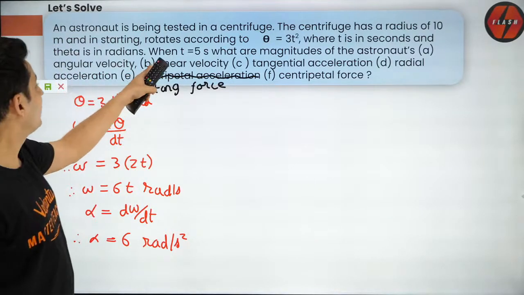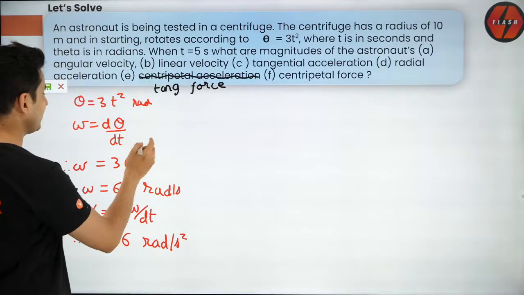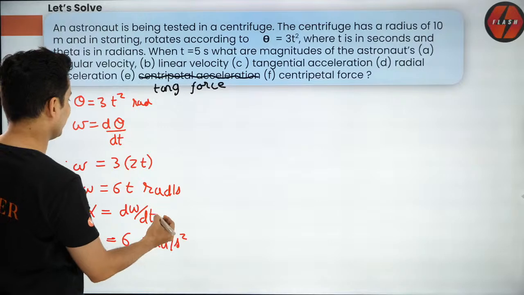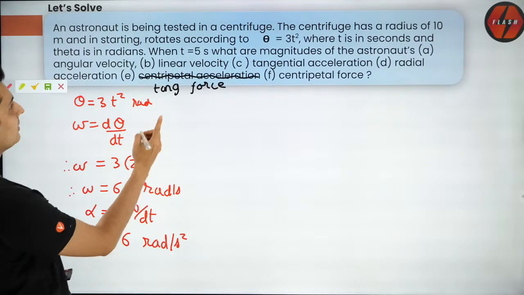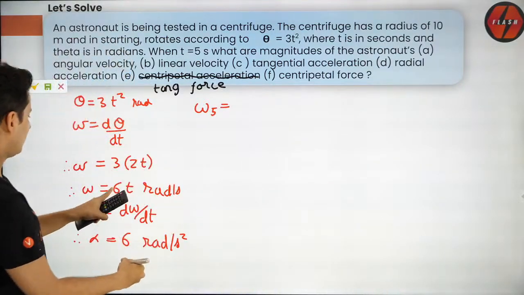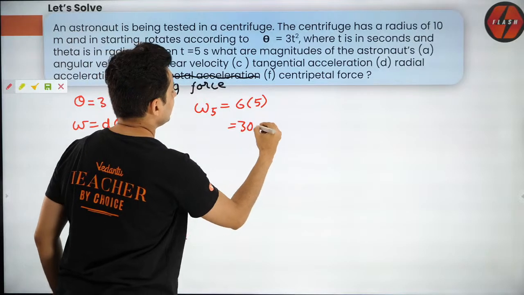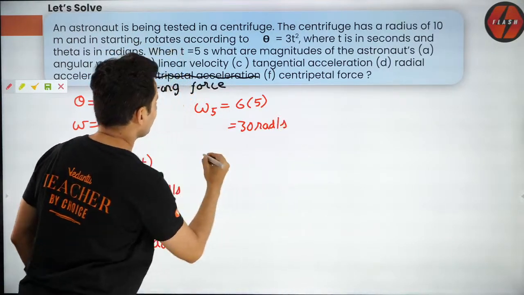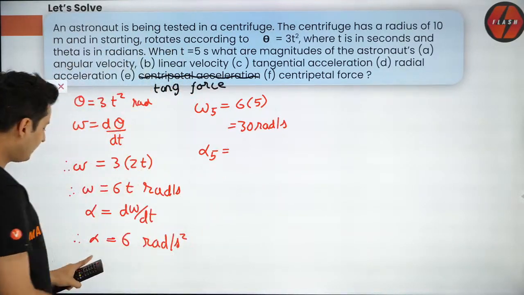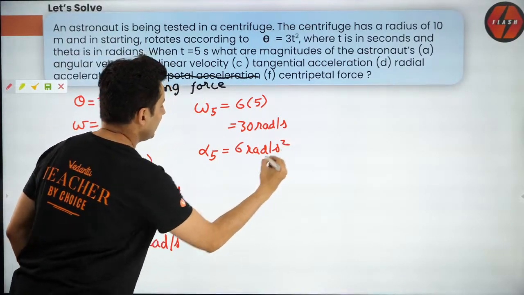Okay, so we have to find everything when t is equal to 5 seconds. So let's put time as 5 and let's see what we get. What is the astronaut's angular velocity at 5 seconds? Omega 5. Just put time as 5. You will get it as 30 radians per second. Alpha at 5 will be constant, so I'll just put it as 6 radians per second square.